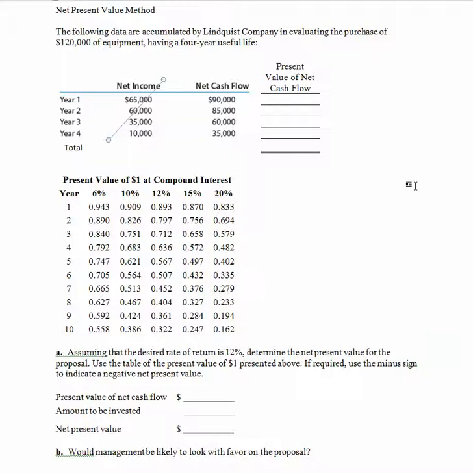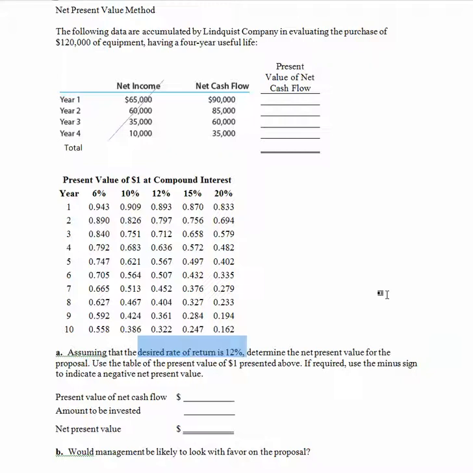And that owner or that person in upper management or that person in finance will decide what is our minimum required rate of return, or what is our desired rate of return. In this exercise, we are told right down here in A that this company wants to earn at least 12% on any investment of this type.